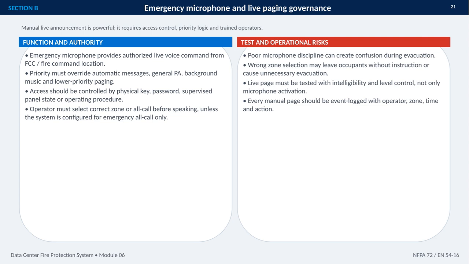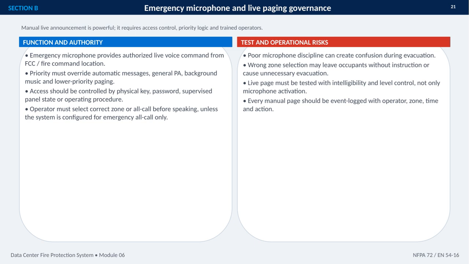Access may be controlled with a physical key, a password, a supervised panel state, or a defined operating procedure. Before speaking, the operator must select the correct zone, or an all-call function, unless the system is designed for emergency all-call only. Operational discipline is equally important. Poor microphone technique can create confusion, while selecting the wrong zone may leave people without instructions or trigger an unnecessary evacuation.